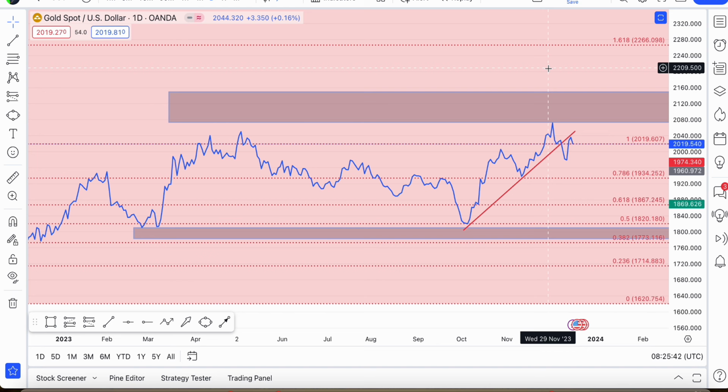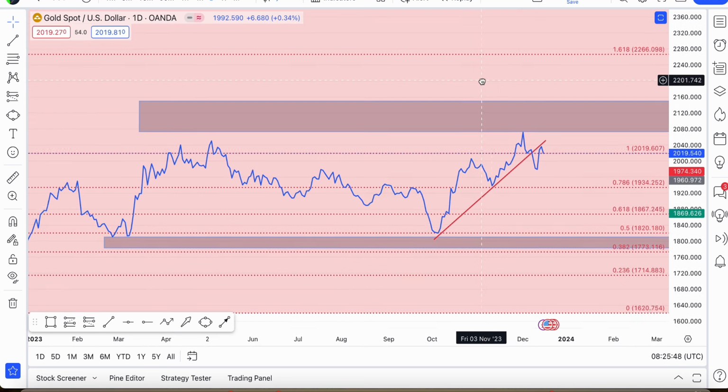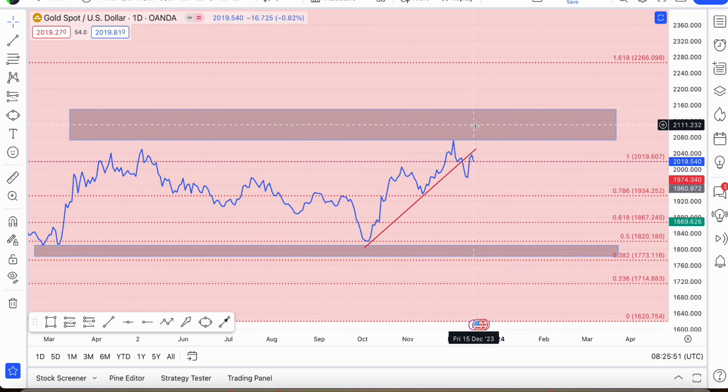What I'm saying is that following the natural Fibonacci sequence combined with fundamental analysis, if this market retraces back here and events happen in the fundamental fields, technically this market will be heading towards 2266. 2266. This might not happen maybe till within the first quarter of next year. This is driven by fundamental analysis only.